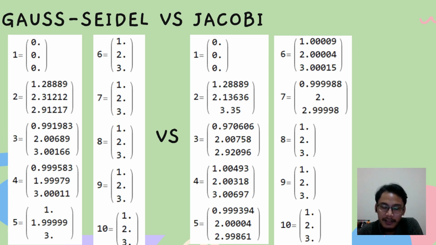The reason for that is because in Gauss-Seidel, the value of x is always updated from one step to another. On the other hand, in the Jacobi method, the value of x is only updated during the next iteration. So that is the main difference between Gauss-Seidel and Jacobi.